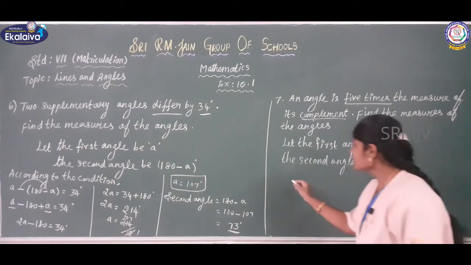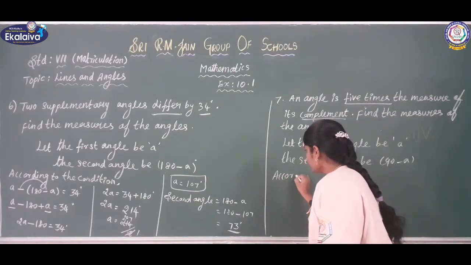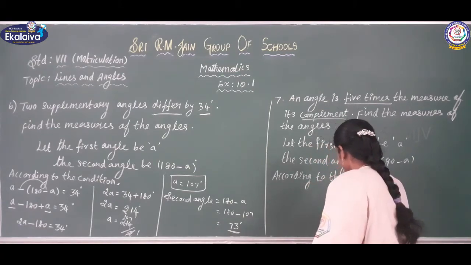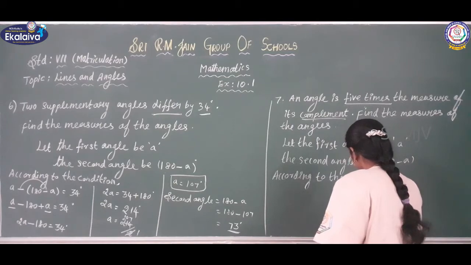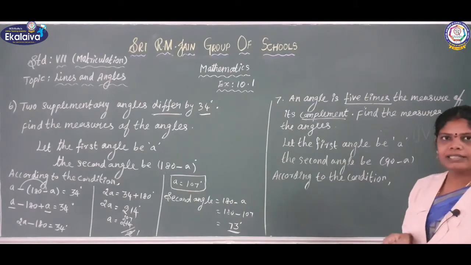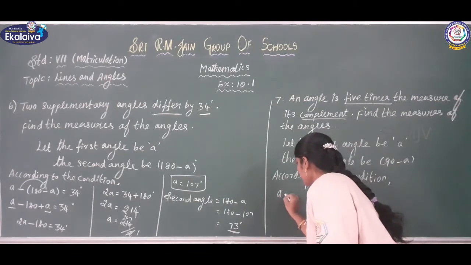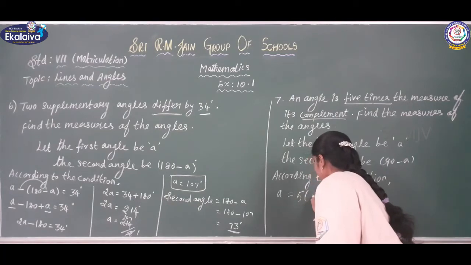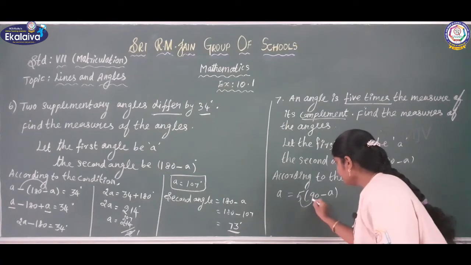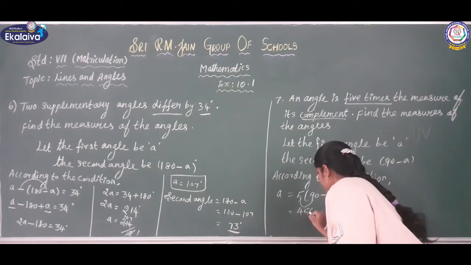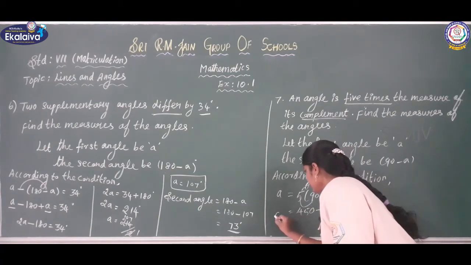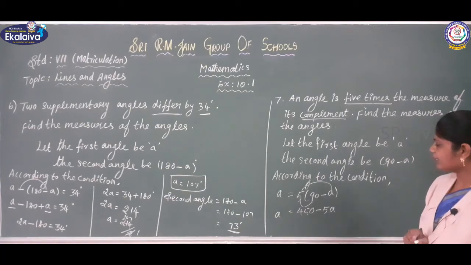And what condition is given? According to the condition, an angle is 5 times the measure of its complement. So the first angle is equal to 5 times the second angle. So A equal to 5 times (90 minus A). Now multiply this, 5 into 90, 450. Then 5 into A, minus 5A. A equal to 450 minus 5A.